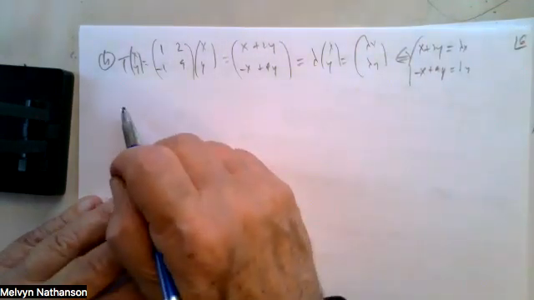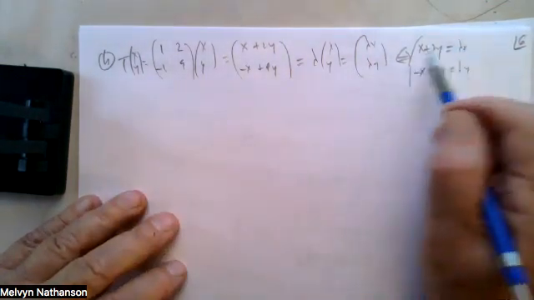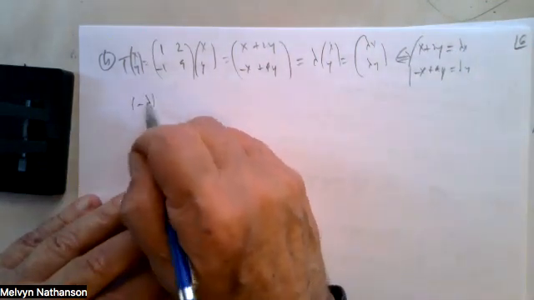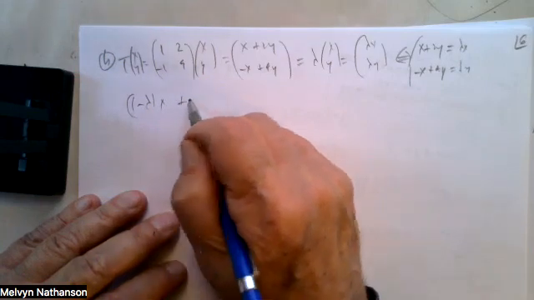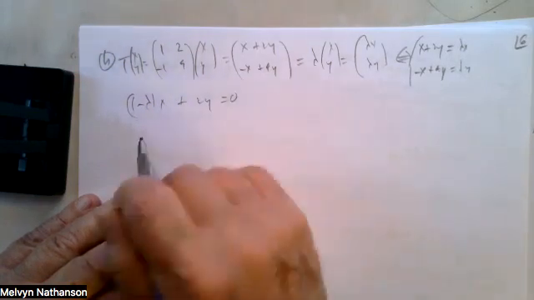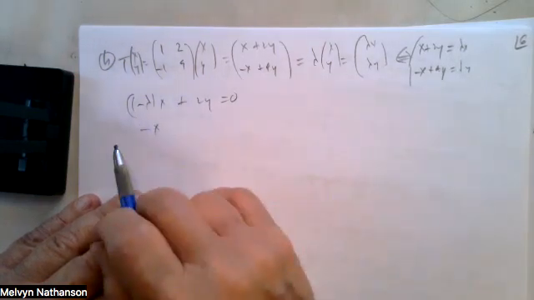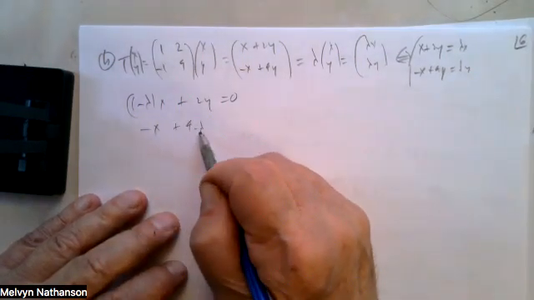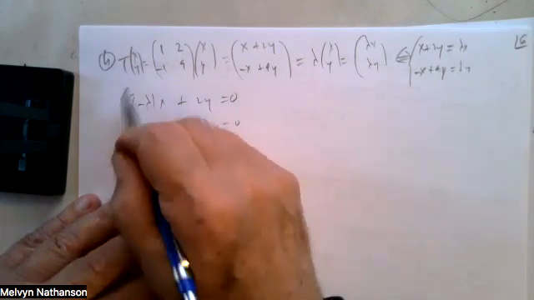Or bringing everything to the left side of the equation, 1 minus lambda x plus 2y equals 0, minus x plus 4 minus lambda y equals 0.